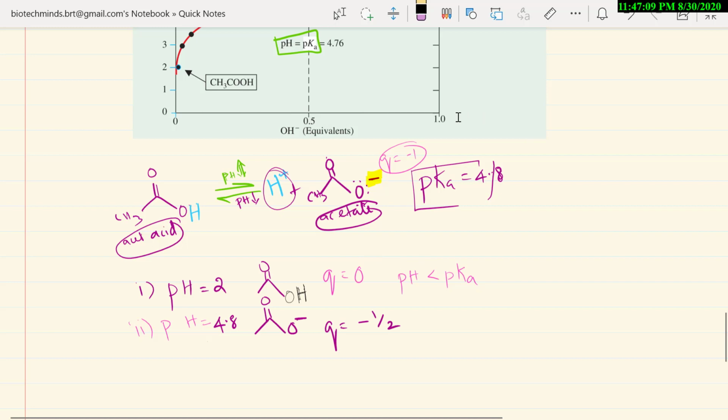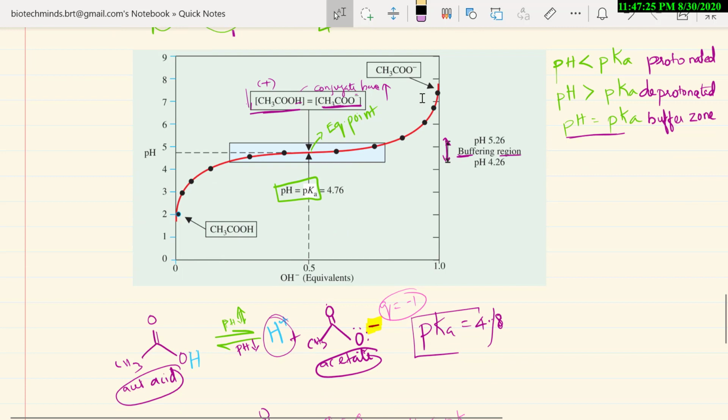Minus 1 by 2 in the sense that there are totally 2 parts. What are the 2 parts? Acetate and acetic acid. Among these, one part is negative, that is minus 1 by 2. That's what I represented here. Normally students assume this is negative and this is positive, both will cancel each other and the charge will be 0. That is not the case here. Only if positive and negative charges are present on the same molecule can you say it is neutralized.